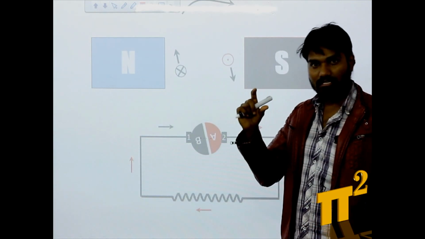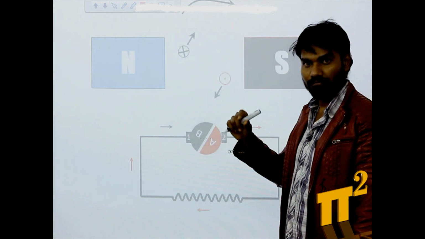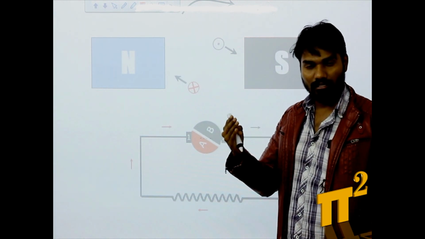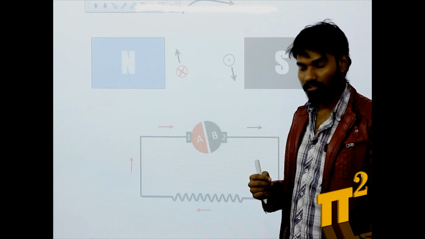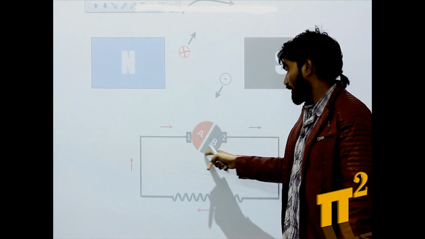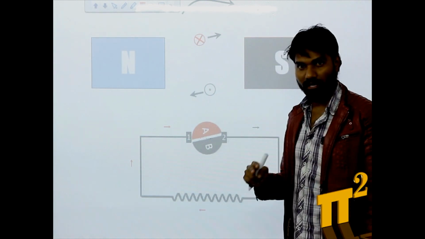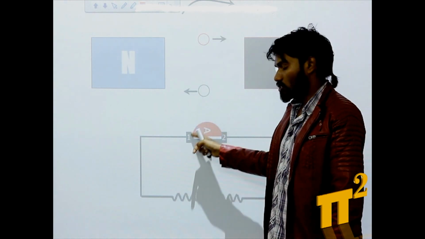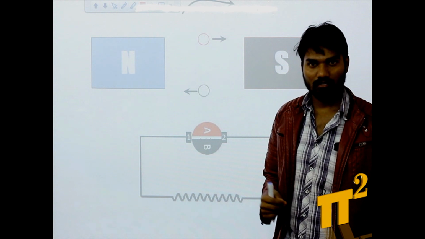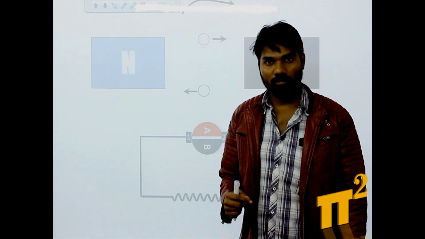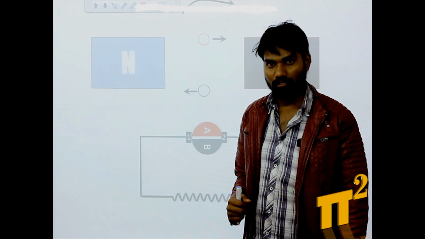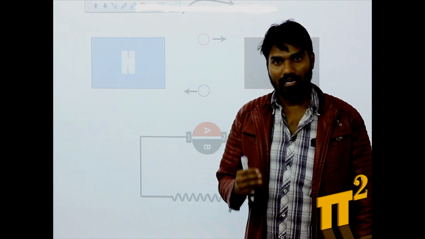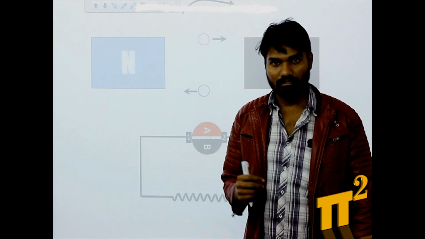But magnitude is changing. So basically we rectified AC to DC by splitting the slip ring. So this is called as split ring, or we'll call it as commutator. So by using commutator, we convert AC to DC.